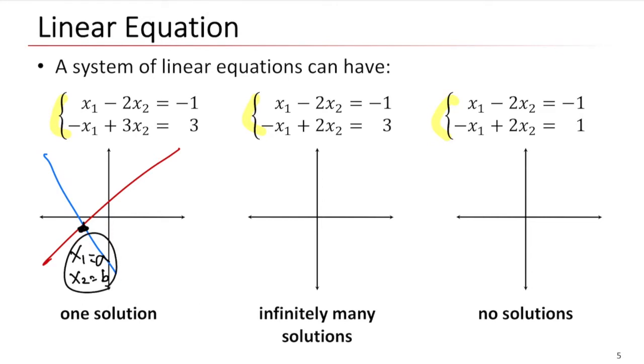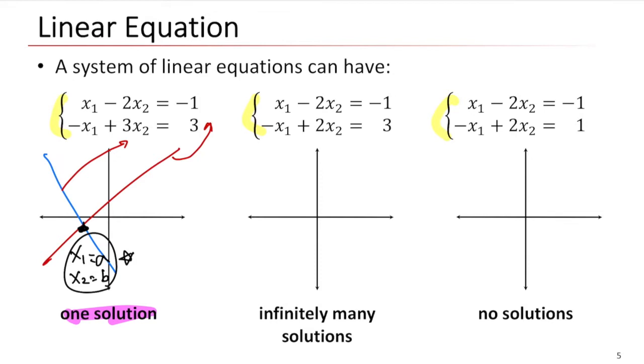We have an intersection of the lines, and we get one exact solution here. So this is called the one solution case. Actually, this line is not exactly mapping to this equation, so try to draw the equation exactly yourself.